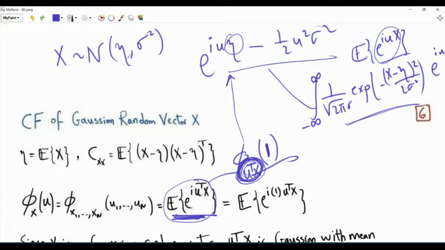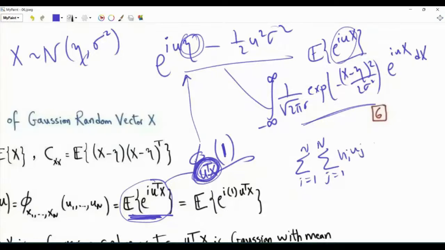We just need to replace eta by U transpose eta, because the first moment of U transpose X is U transpose eta, and we need to replace sigma squared by the variance of U transpose X. The variance of U transpose X is this thing, if we write it as a double sum: Ui, Uj, and the covariance of Xi, Xj, or as a quadratic form, U transpose Cxx U. That's it.